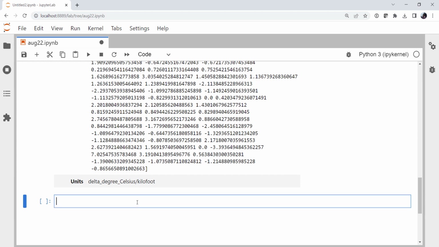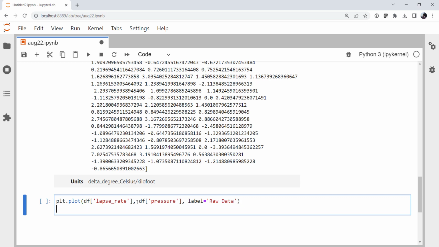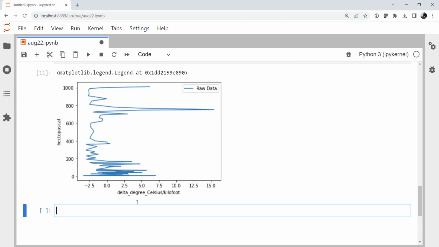So now let's make a plot of our lapse rate. I'm going to put it on the x, and I'm going to put pressure on the y. So not really a skew-T, but something that might be a little more familiar looking to us. And I'm going to label that as raw data. Okay, we see right at the surface we get a rapid drop in those first couple data points, edge effects from our derivative.